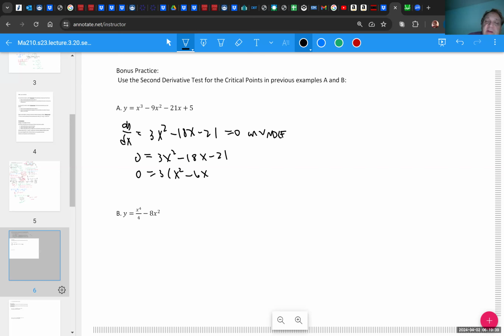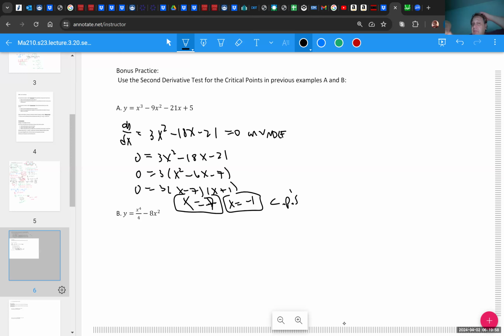I'm going to go through the steps again, but rapidly, because we've already done this before. So we get x equals 7 and x equals -1. Those are the two critical points, and we got those from when the derivative is equal to 0. We also have to find out when it's undefined.